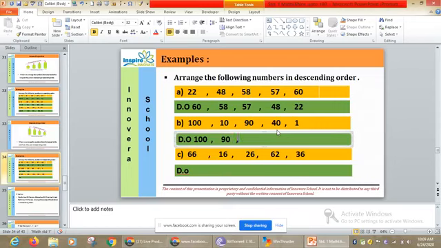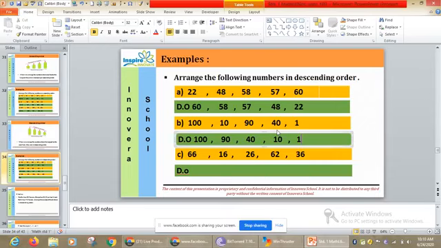After 90, 40. After 40, 10, and then the number 1. Clear? Now see the next example.